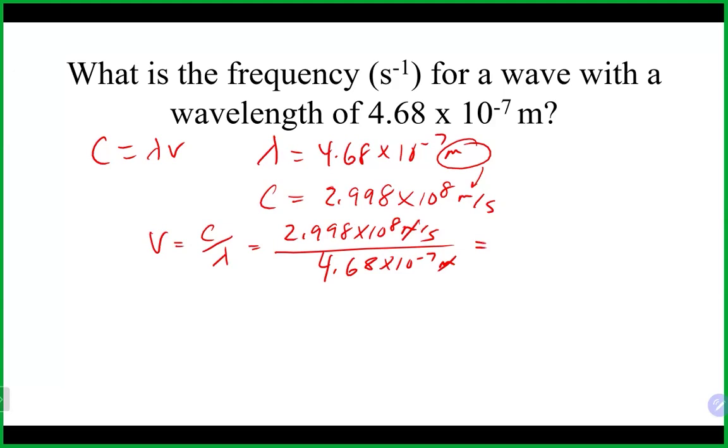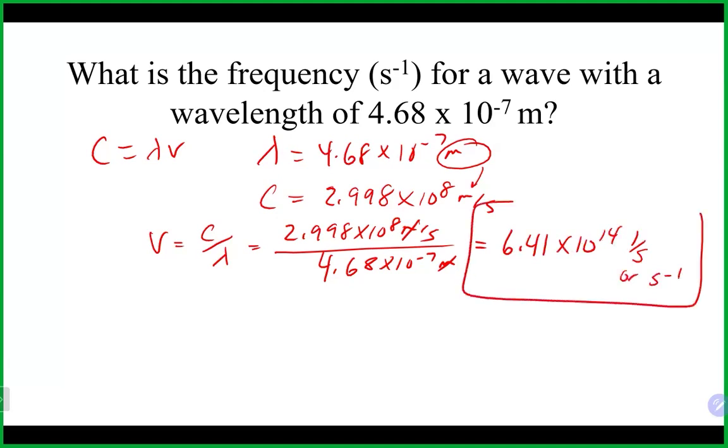Want to make sure you use your exponent button there, and you're going to look at something like 6.41 times 10 to the 14. Once again, the units will be 1 over seconds, or you could write reciprocal seconds if you like. Any questions on that one?